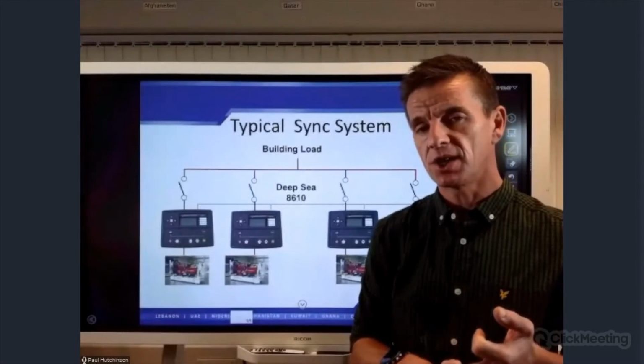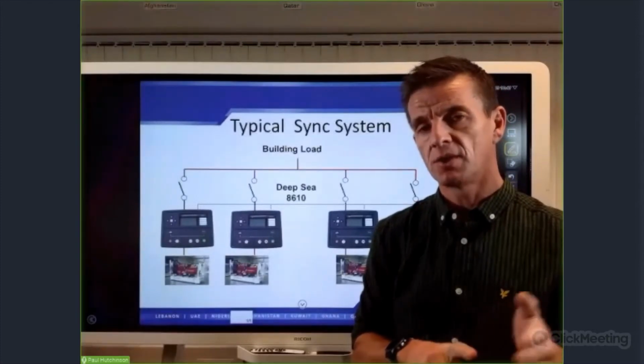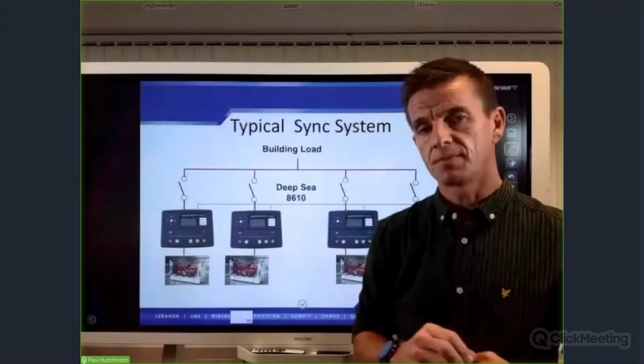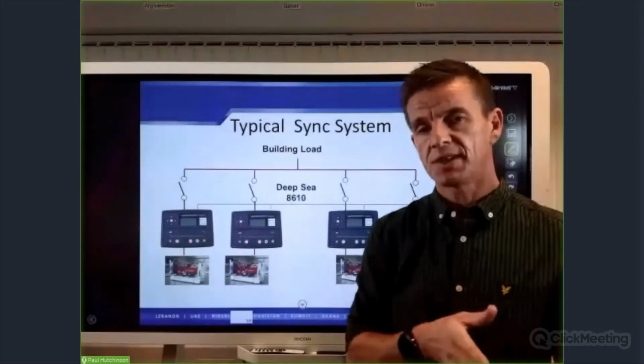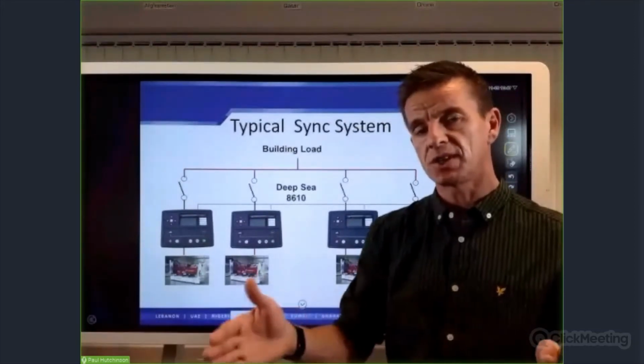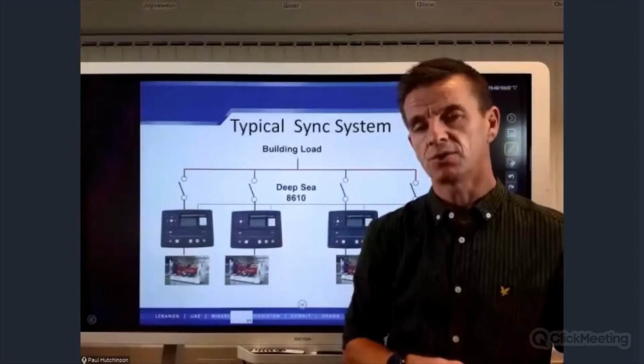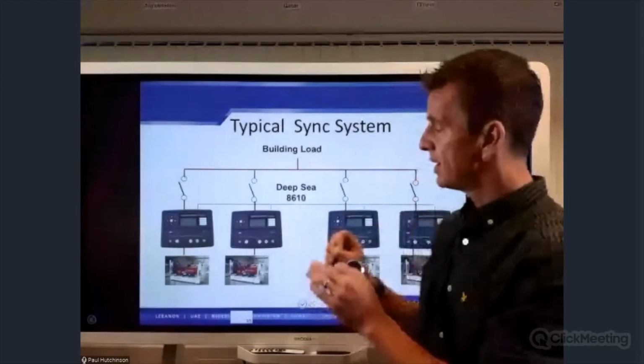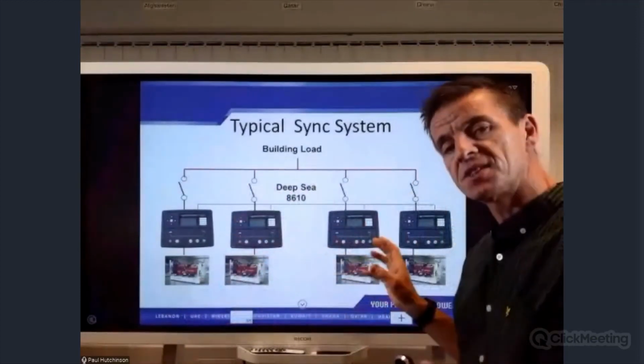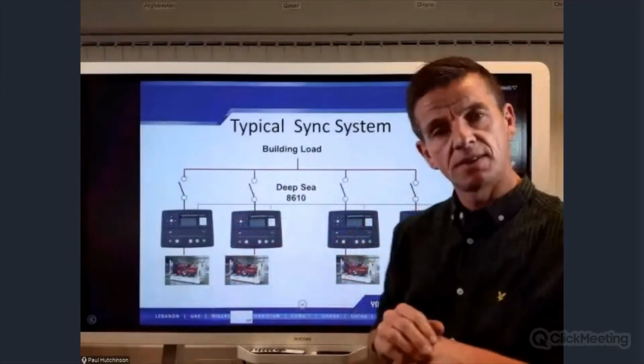We've talked about our phase rotation, number of phases, all of those things. Okay. By that stage, we've all individually commissioned each genset to ensure our voltages, our frequencies, everything is good to go.